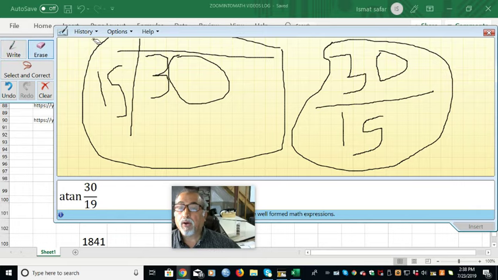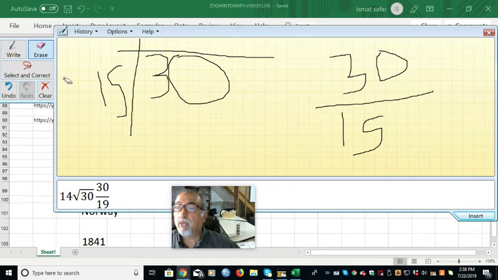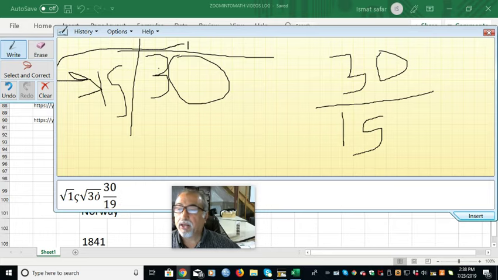Okay, now let's see. How many 15s in 30? Let's try one. Is there one 15 in 30? Yeah, let's try it. So one on the top in the answer location, and we multiply this one by this 15. 1 times 15 is 15.